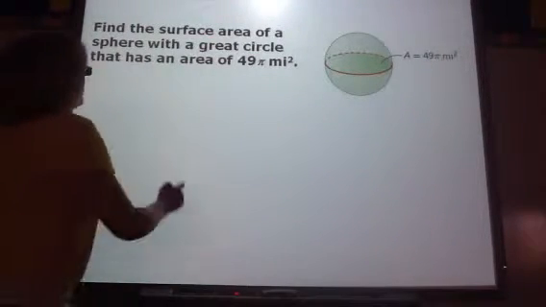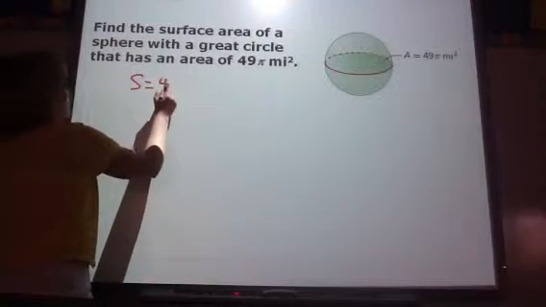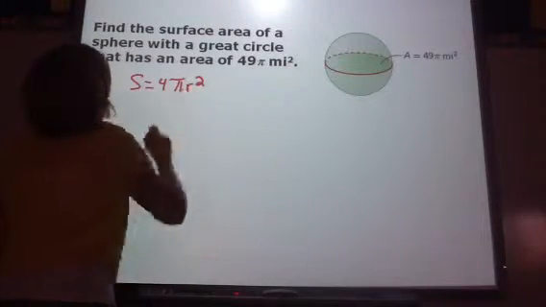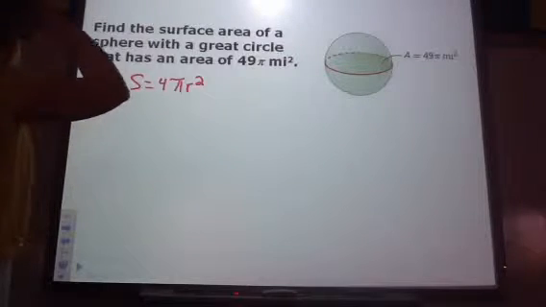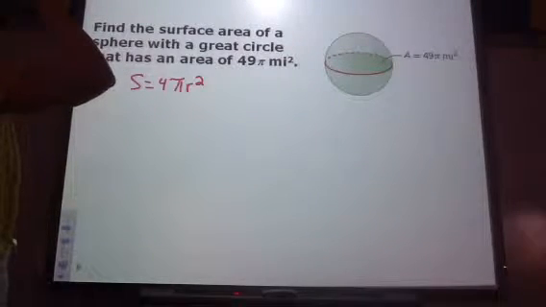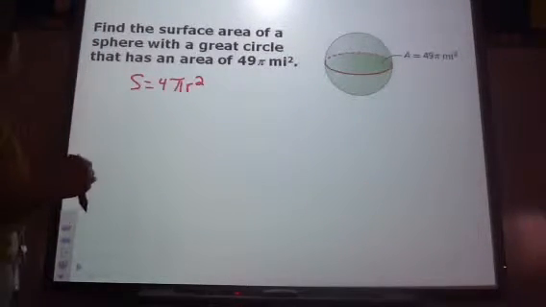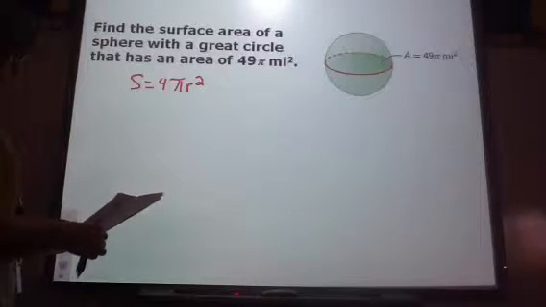Okay, find the surface area. Surface area is 4 pi r squared of the sphere with a great circle that has an area of 49 pi.